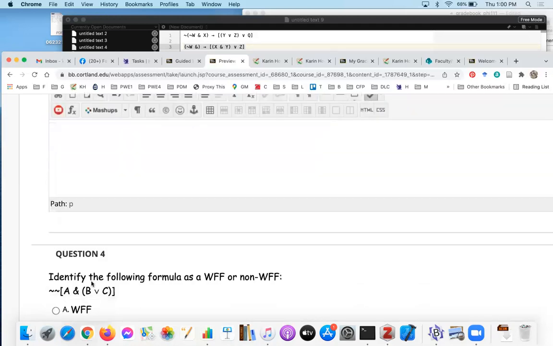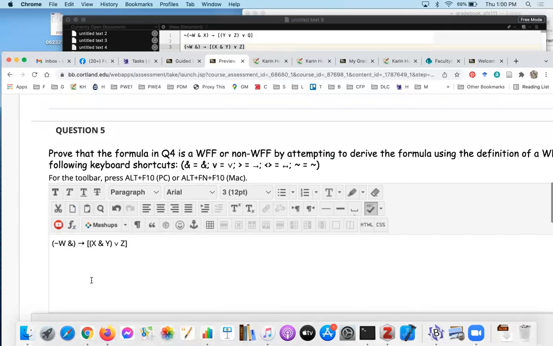All right, so here, now this formula is not a well-formed formula. And hopefully you can see just by looking at it, why not? And the reason why not, where we're going to run into difficulties, is right here in the antecedent of the conditional. Because the string, right, not W ampersand, right, we need something else here.